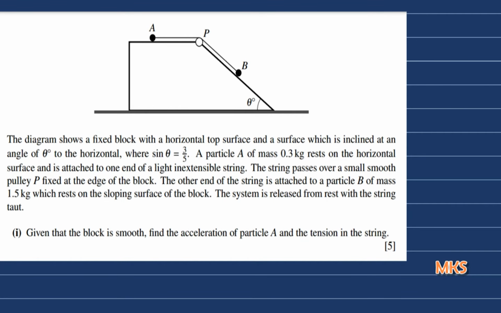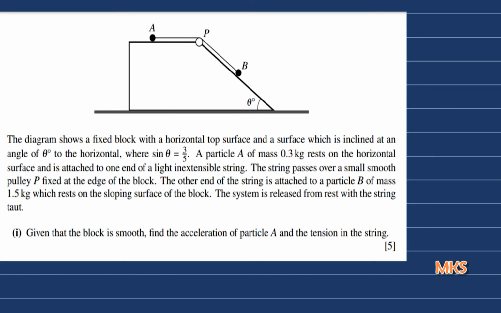Question number 6. The diagram shows a fixed block with a horizontal top surface and a surface which is inclined at an angle of theta to the horizontal, where sine theta is equal to 3 over 5. A particle A of mass 0.3 kg rests on the horizontal surface and is attached to one end of a light inextensible string.